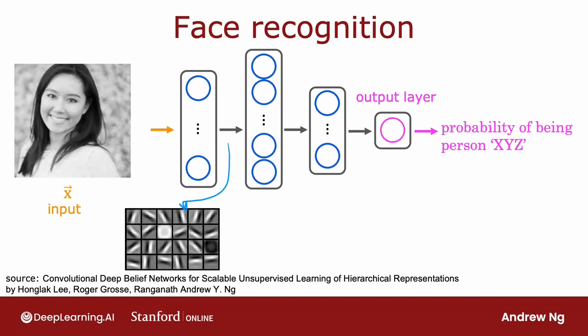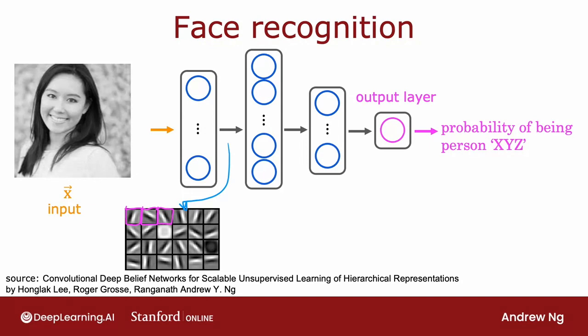In the first hidden layer, you might find one neuron that is looking for a little vertical line or a vertical edge like that, a second neuron looking for an oriented line or oriented edge like that, and a third neuron looking for a line at that orientation, and so on.